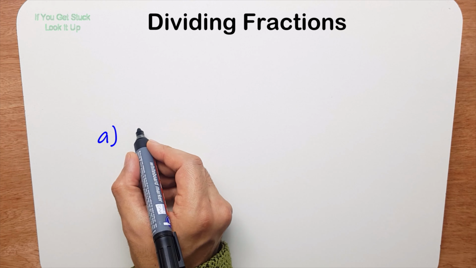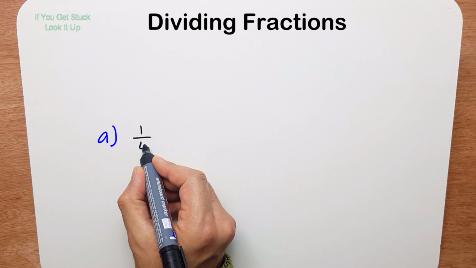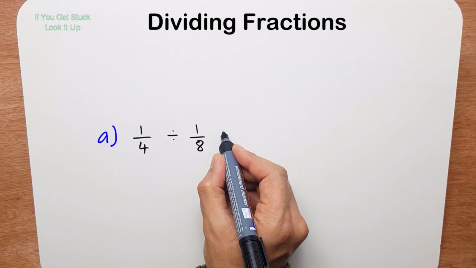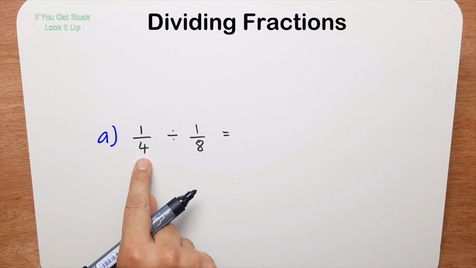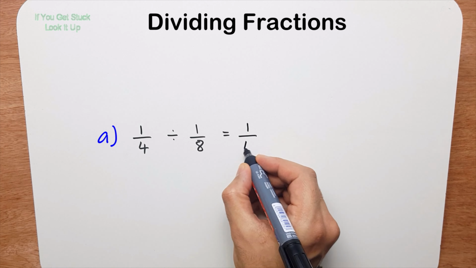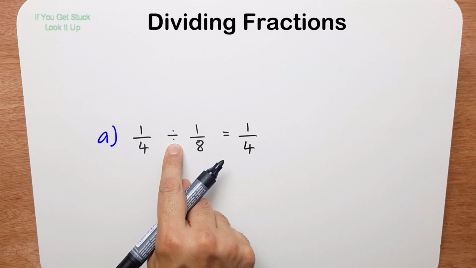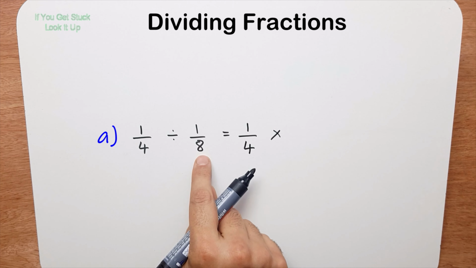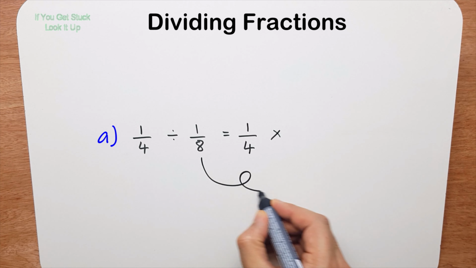The first question is 1/4 divided by 1/8. So I keep the first fraction the same, 1/4. I turn the divide into a times, and I flip the second fraction.